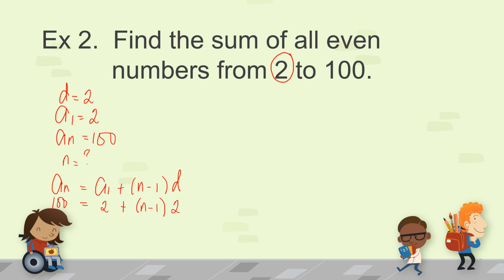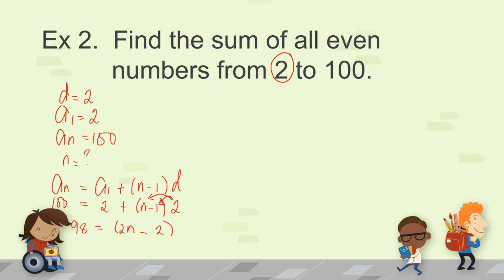Manipulating this equation, you can add both sides by negative 2. Therefore, you will have 98 is equal to, by the distributive property, we distribute 2 to the quantity inside. So you'll have 2n minus 2. We can remove the parentheses actually.